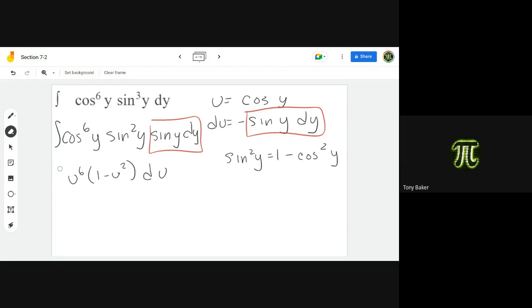I'm trying to clean up this in front so I can write it in front. Because we still had that minus from the sine y. And in essence, anything that's here, you can just pull out in front of your integral.